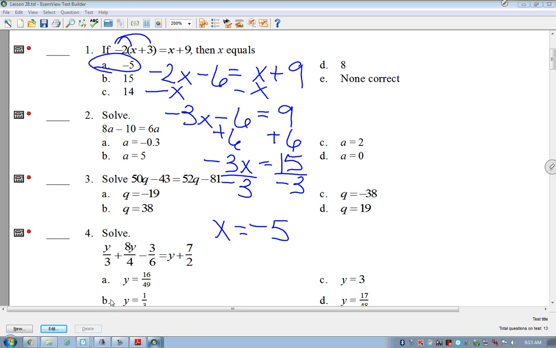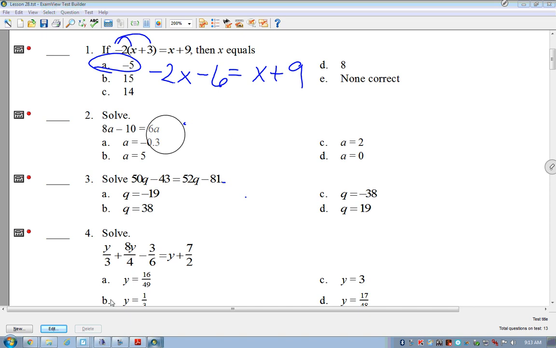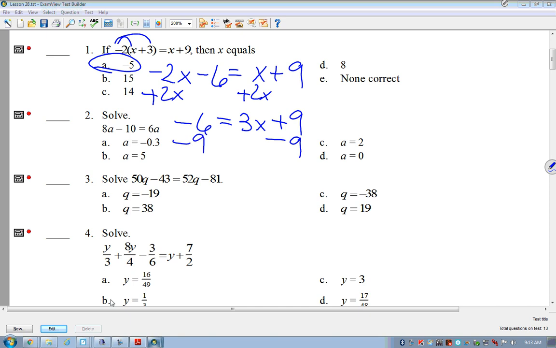Right, but let's go back in time here and see what would happen if we did things a little bit differently. Okay, let's add 2x to this side. All right, it's going to give me negative 6 equals 3x plus 9. All right, I'm going to subtract 9 from both sides. That's going to give me negative 15 equals 3x. I'm going to divide by 3. I'm going to get x equals negative 5.